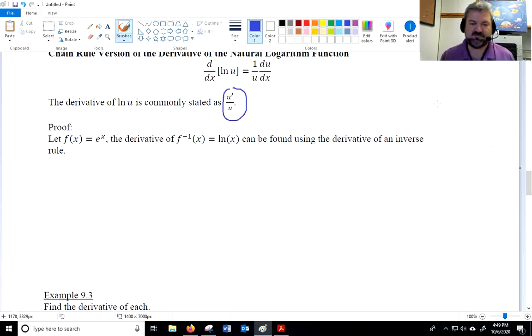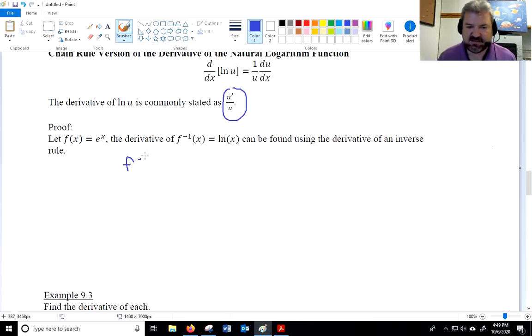So for the proof, the natural logarithm is just a simple application of our derivative of an inverse. The logarithm is an inverse of an exponential. So we know that if f of x is e to the x, then by definition, f inverse of x would be the natural log of x.